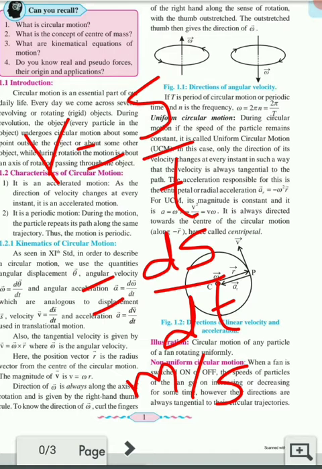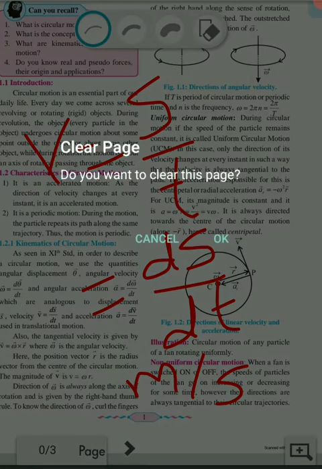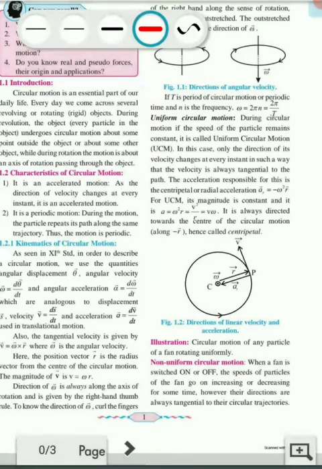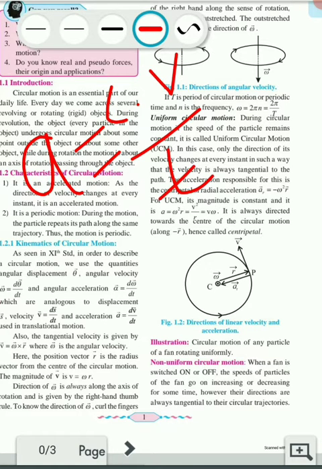Now the third one is linear acceleration. Linear acceleration is defined as the rate of change of velocity with respect to time. Therefore, we can write change in velocity upon time.